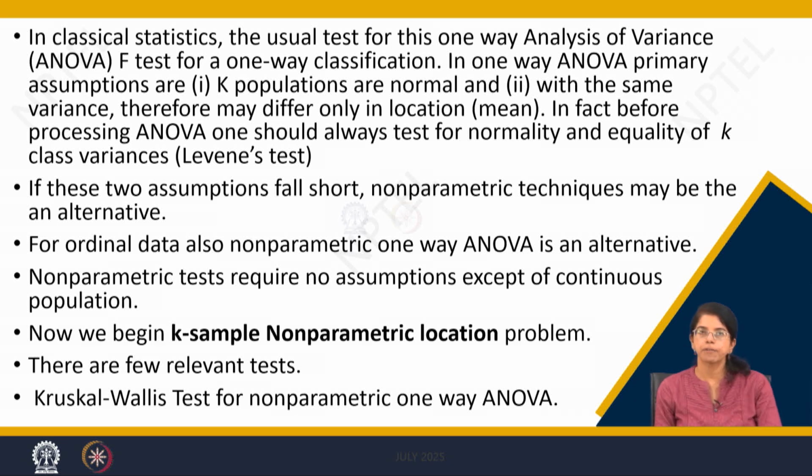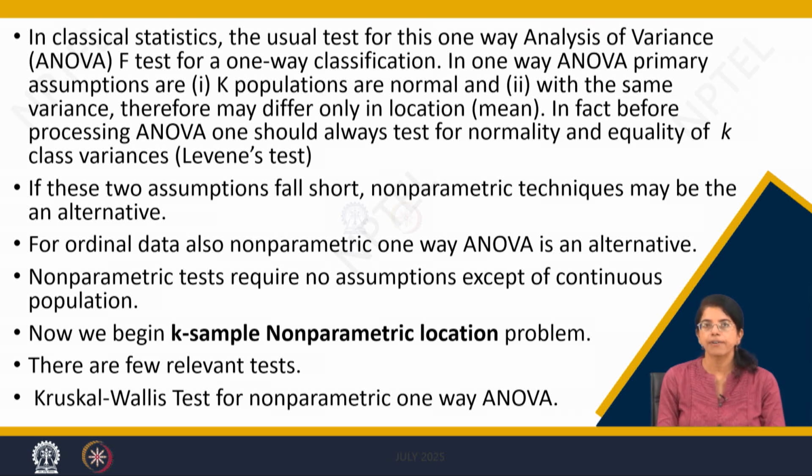In fact, before performing ANOVA, one should always test for normality and equality of the k population variances by Levene's test. If these two assumptions fall short, you have to take the aid of non-parametric techniques as a better alternative. For ordinal data also you can use non-parametric one-way ANOVA, the non-parametric extension for equality of k populations.